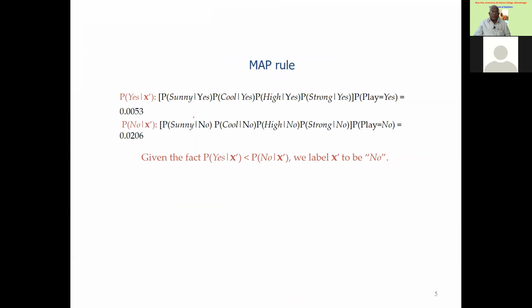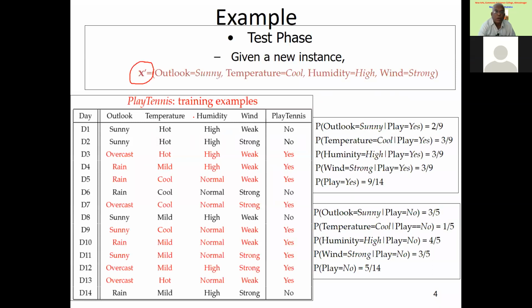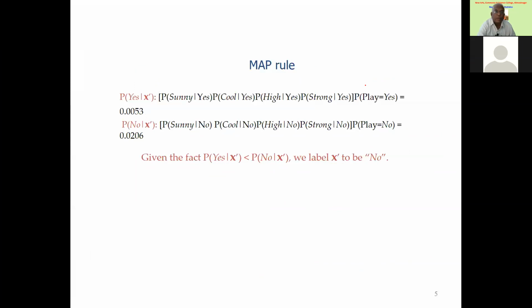Now see here, two probabilities are calculated. Which are two probabilities? This is the given information. So under this given information, what is the probability that I should play the game? What is the probability that I should not play the game? So see, probability of yes given instance x.